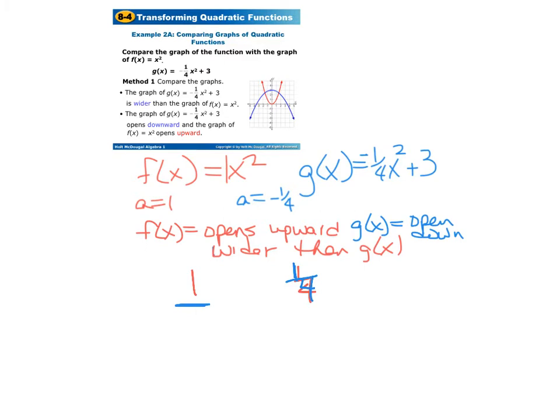So the g of x is wider than the f of x. This one is wider because the 1/4 is the smaller number. This one is more narrow.